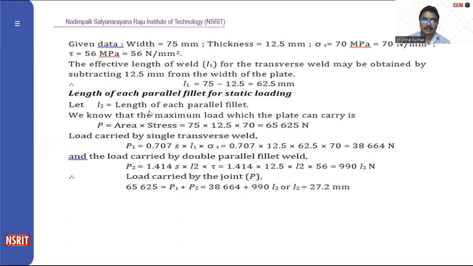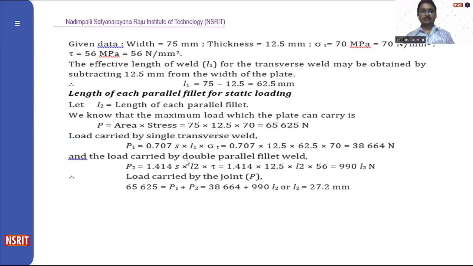Next, we calculate L2, the length of each parallel fillet for static loading. The load P is equal to area into stress, 75 into 12.5 into 70, which gives this value.